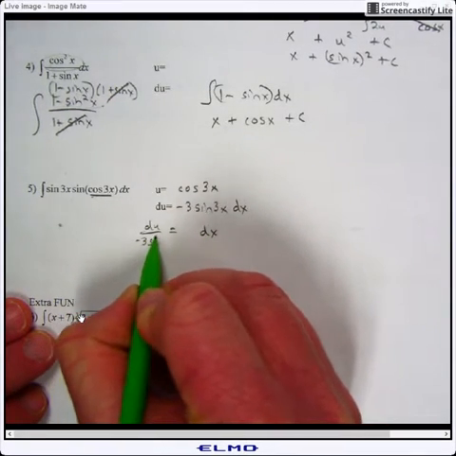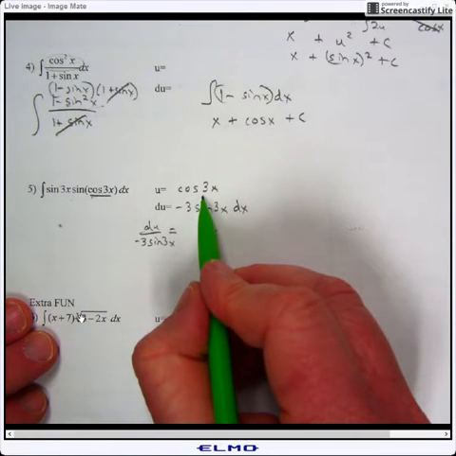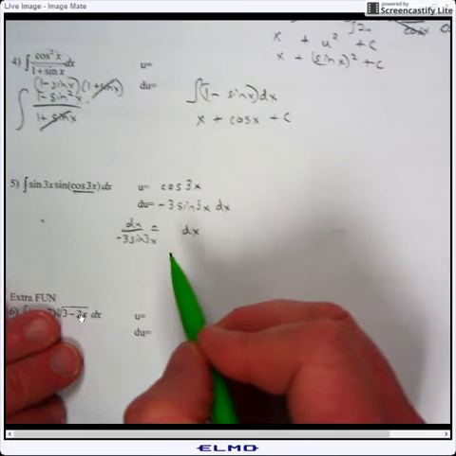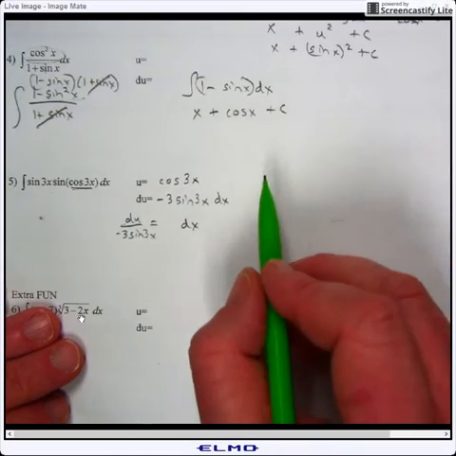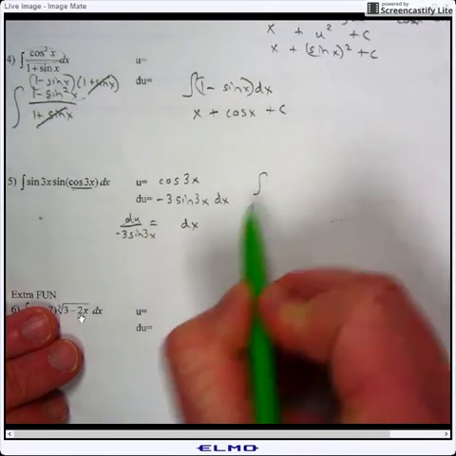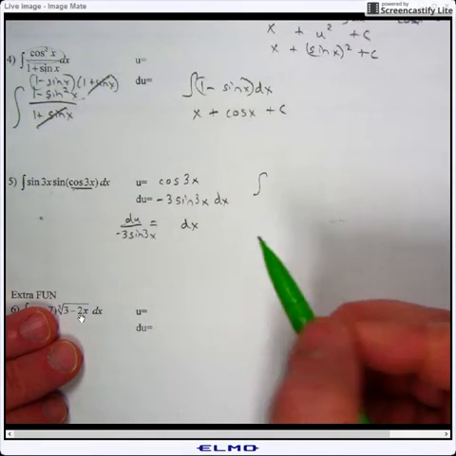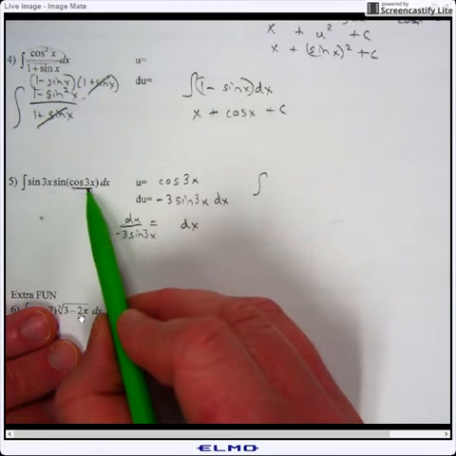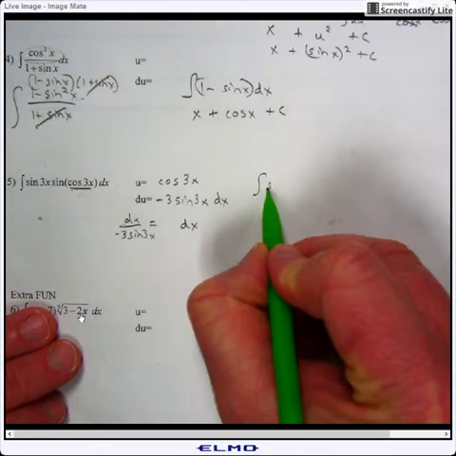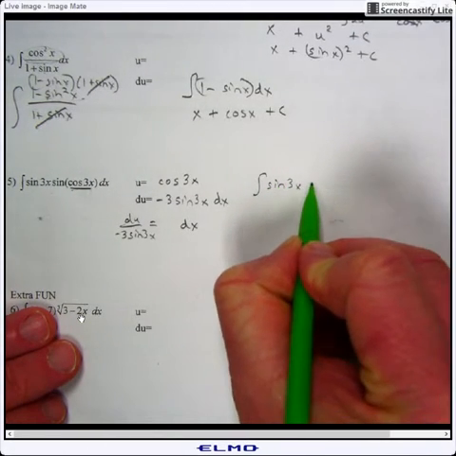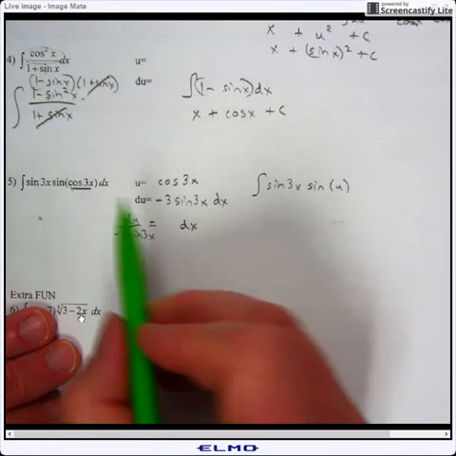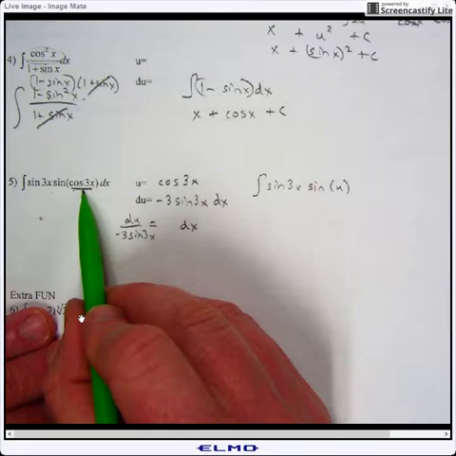These steps are the same every time. Find u, try u, take the derivative, solve for dx. Now let's just hope. Hold on. If we plug in, we can substitute and find something that works. Okay? Cosine 3x. So let's write sine 3x, sine of u, because cosine 3x is my u.